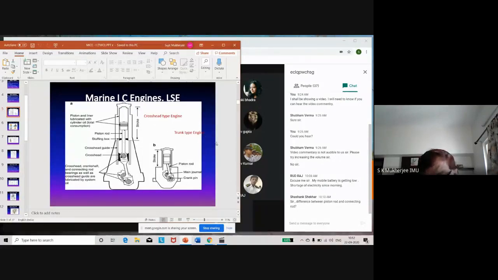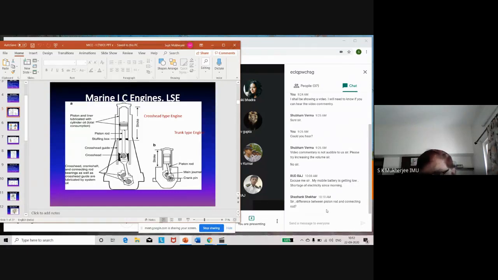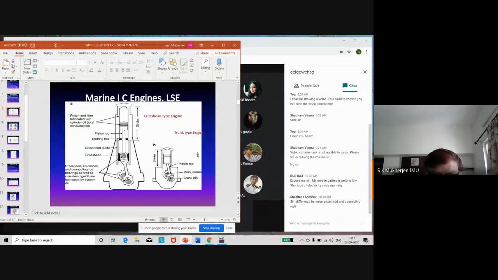In the trunk type of engine, I can understand now why Shashank Shekhar has got a question like the difference between piston and connecting rod. It is because of this error here, understood as a piston rod. This is a wrong term to use for this rod. This rod is a connecting rod. All right, Shashank, now your question is very justified.